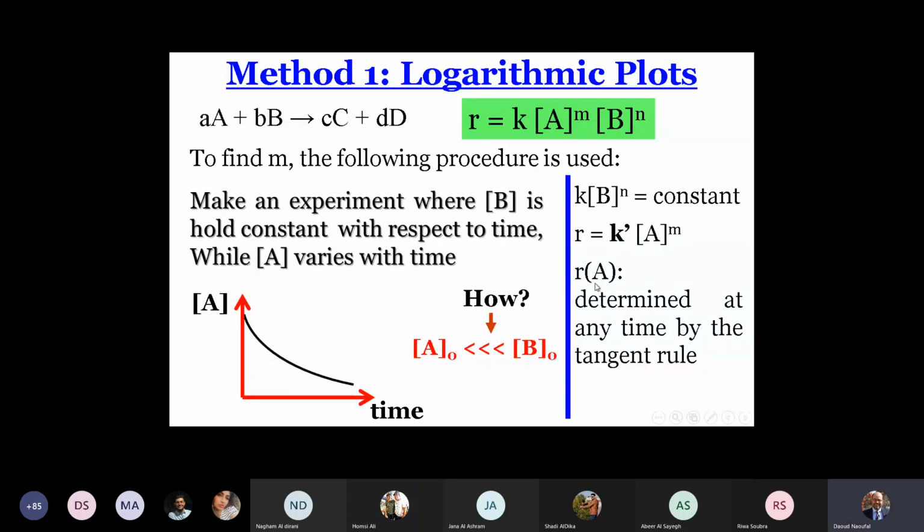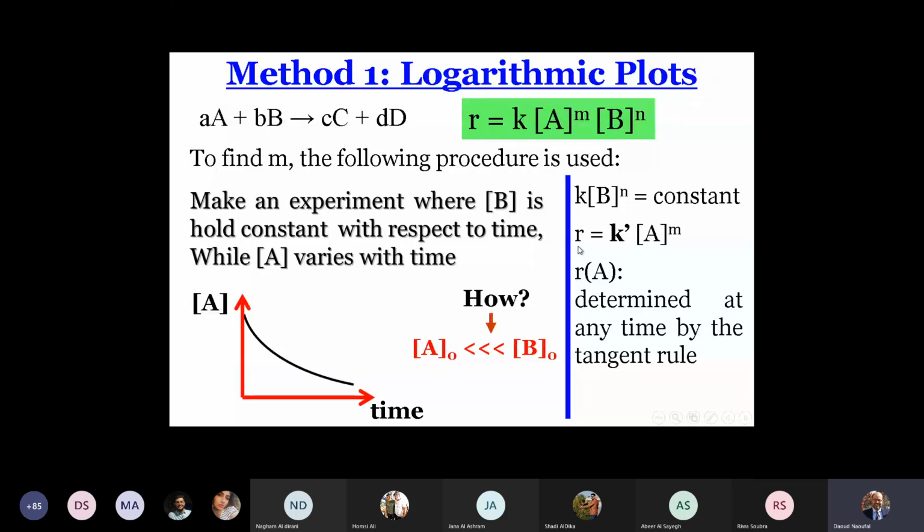As I said, the RA is determined from the curve at any instant, and you can deduce the rate of the reaction at any instant. So r = k'[A]^m. At time t1, you have [A] and you have r, and r is deduced from RA. At time t2, you have [A], you have r. At time t3, you have the concentration of A and you have the rate of the reaction r.